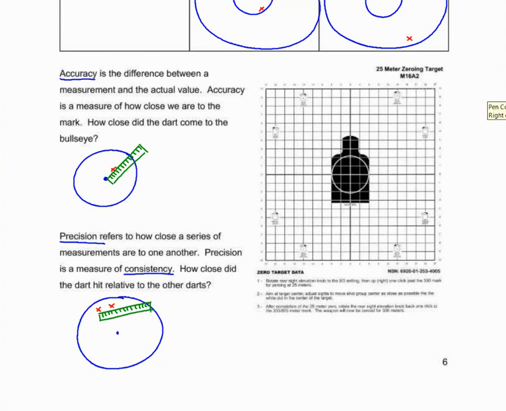So I get down here and I notice that I hit here, here, and here. This is precise. This is a pretty good little, they call it a shot group, and we would make a circle because those are nice. This is good. We can fix this. It's not on the target, but this is pretty easy to fix.